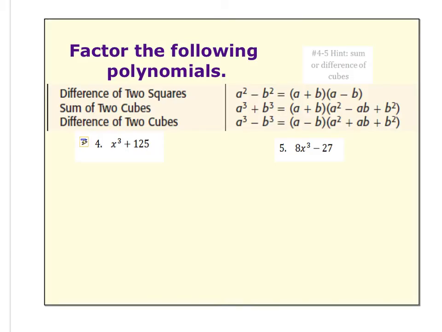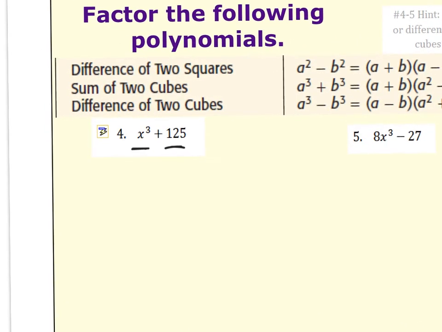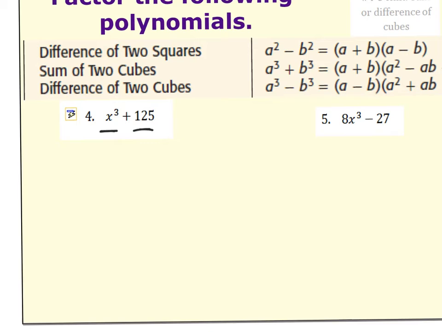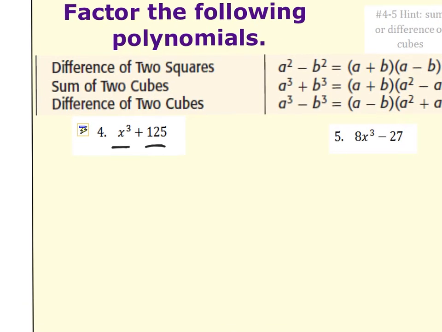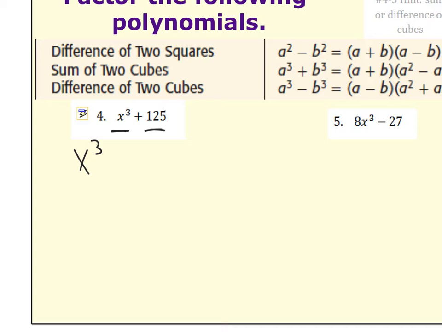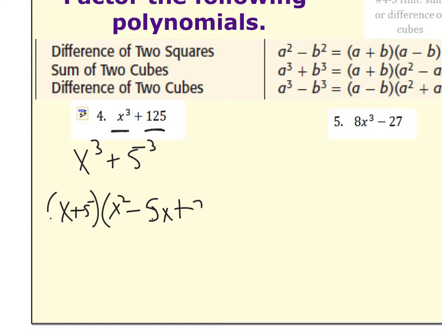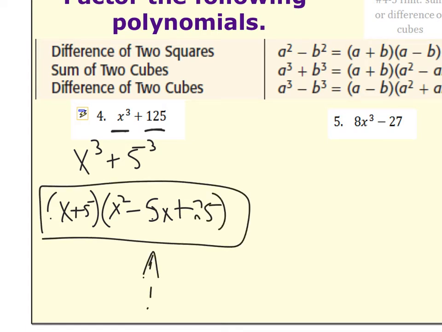So let's start looking at this here. This is something cubed, this is something cubed, so this is a sum of two cubes. This is like saying x cubed plus 5 cubed. So that's going to be x plus 5 times x squared minus 5x plus 25. That is my factored answer, and I can't factor that anymore. I'm done there.